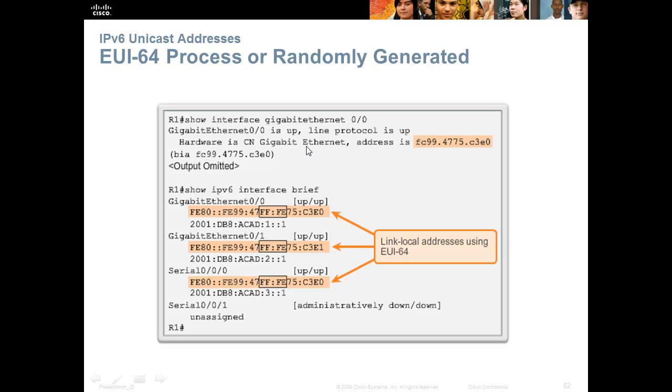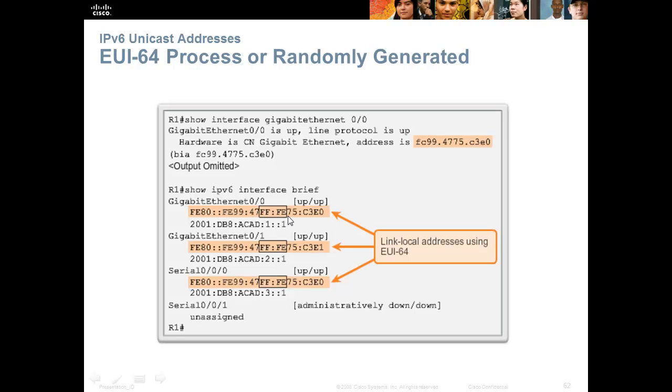We take a look here, the gigabit Ethernet 0/0 has the MAC address of FC99.4775.C3E0. So we will split this up right in the middle, right between the 4775. We will inject FFFE into it, like we did here, right in the middle of that 4775.